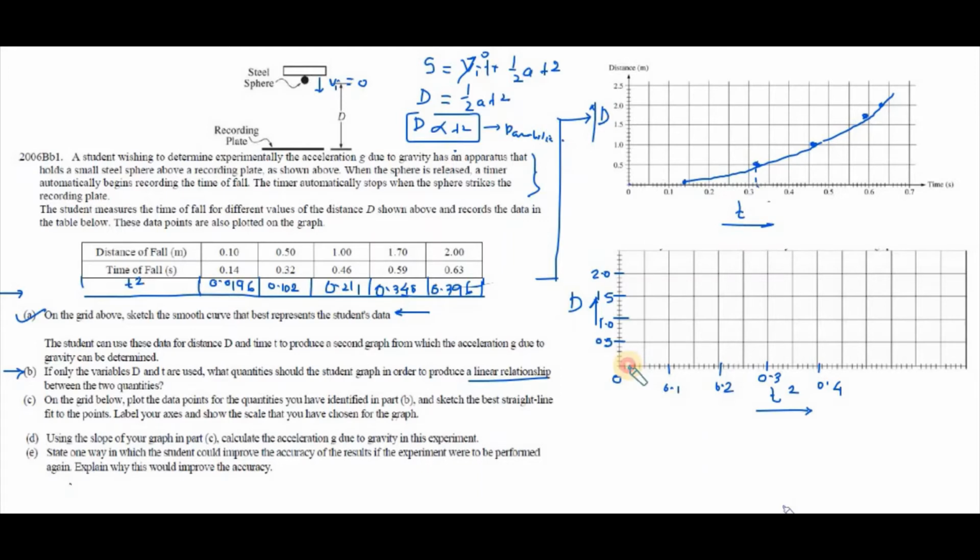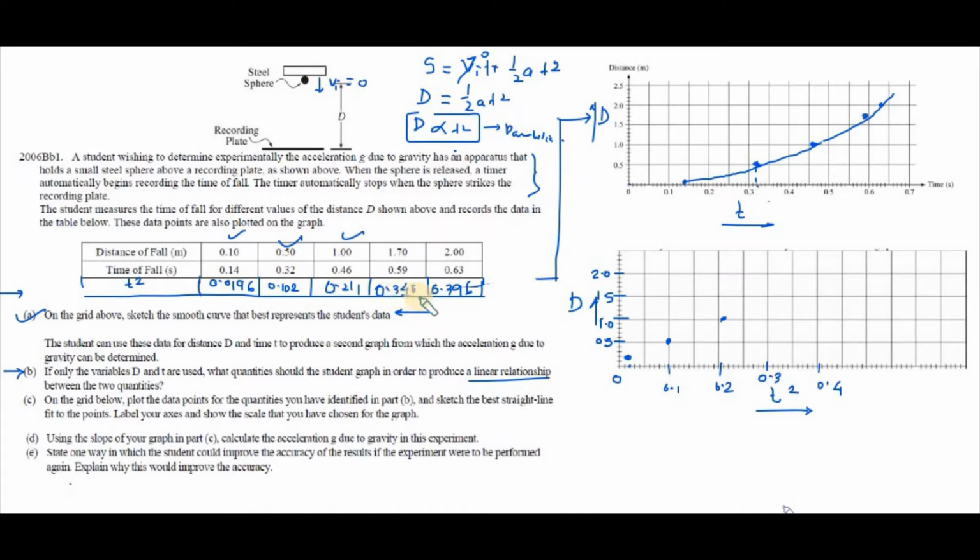So let's consider 0.02 will have the distance of 0.1. So 0.1 would be around this point. This is the first point. Now 0.102, that is 0.5, it will be around this point. Then 0.211, which gives 1 almost, so it is at this point.